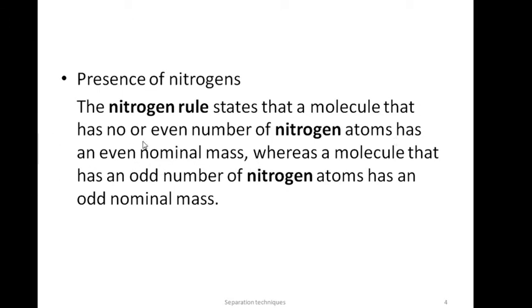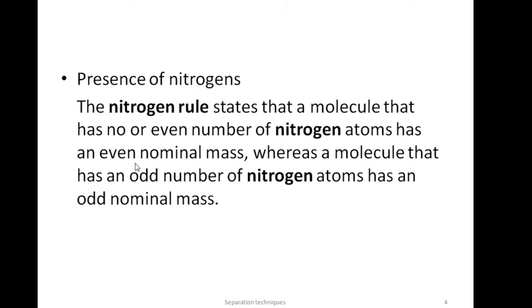So if the mass is even, then you have either no nitrogen atoms or an even number of nitrogen atoms. Whereas a molecule that has an odd number of nitrogen atoms will have an odd nominal mass. Mass means molecular weight. Nominal mass means molecular weight.